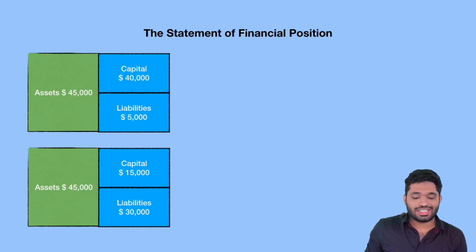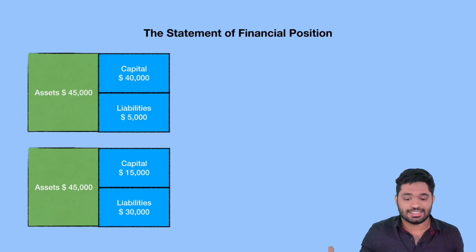Now if this organization is to go bankrupt, there is enough capital to pay off the liabilities. Even after paying the liabilities, the owner will still have 35,000 rupees for himself. So what do you think about the financial health of this organization? Is it good or bad? It looks to be a very healthy organization, right?